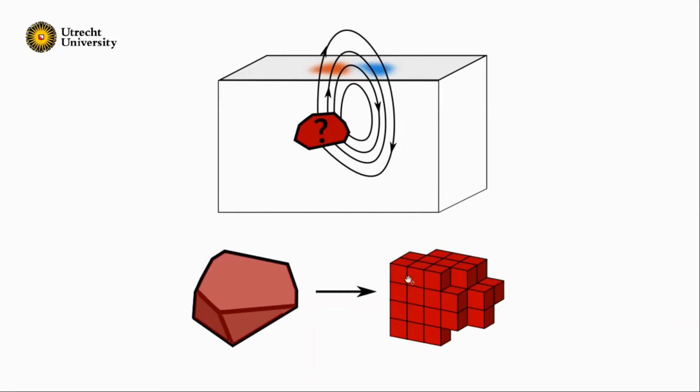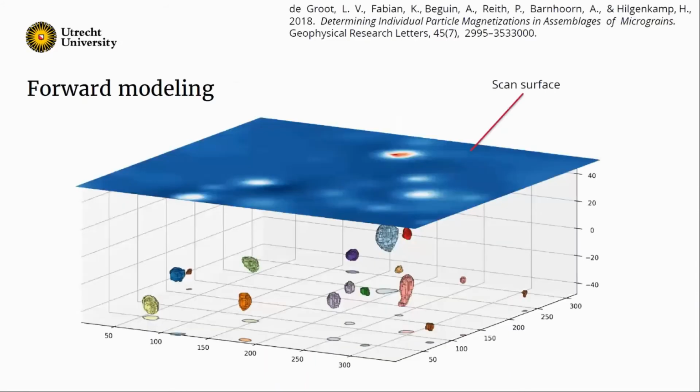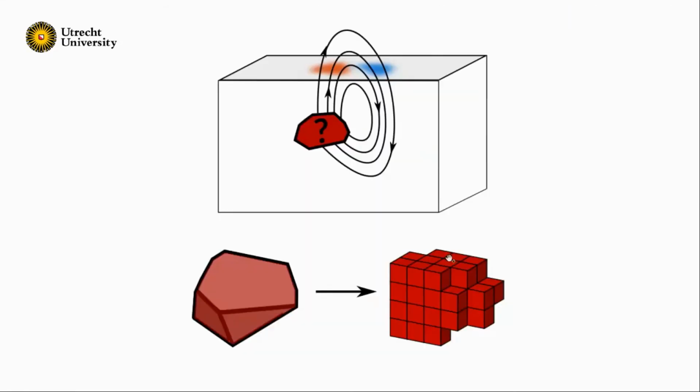So we use this to write a model for the magnetic potential of every grain, which we use to calculate the magnetic field and then to make an inversion problem and then obtain the magnetizations.